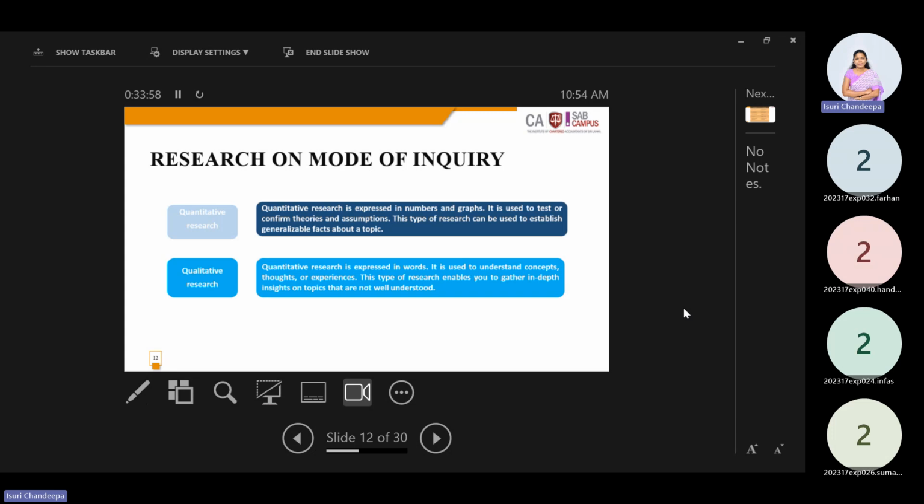Punctuality, integrity, trustworthiness, honesty. Those are qualities of human beings. So through qualitative research, what are we going to find? Qualities of groups, qualities of individuals, qualities of people. How can we identify these qualities?